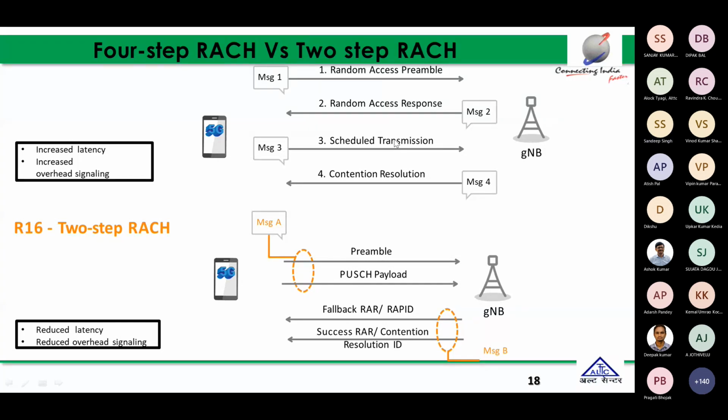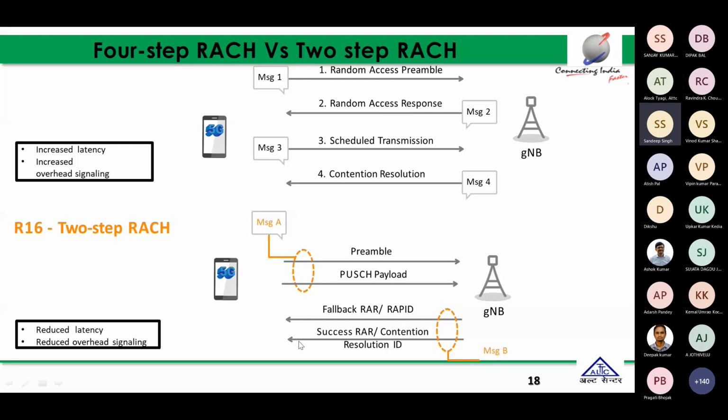Then in message B, the gNodeB sends the success random access response or contention resolution ID to the UE. That is the two-step process, only to reduce the latency in the control channel.